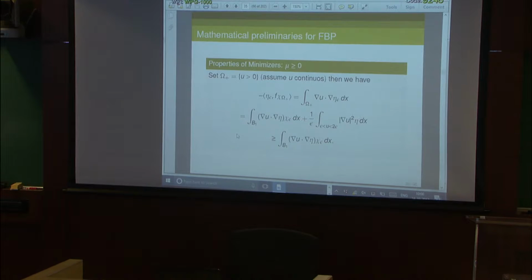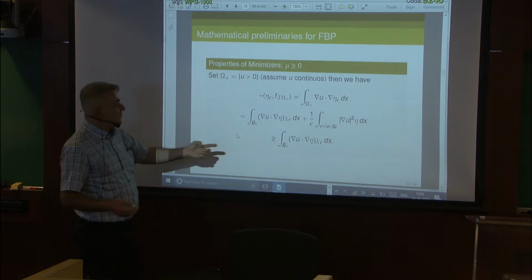Boundary value will be 0 because of this guy, phi, and then you get gradient of u, gradient of phi, with a minus sign here, and then here f and phi survive. And then you're doing everything in omega plus, and I'm letting phi have compact support in omega plus, then this is pretty much what I'm going to get. But now I can choose any phi which has compact support in omega plus. I'm choosing the phi I just created.